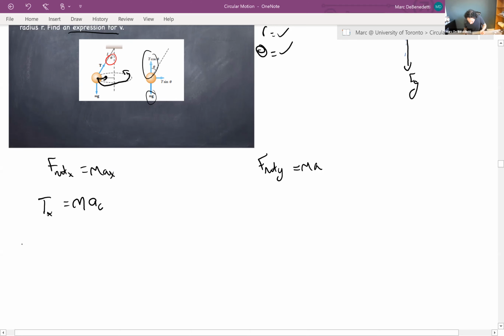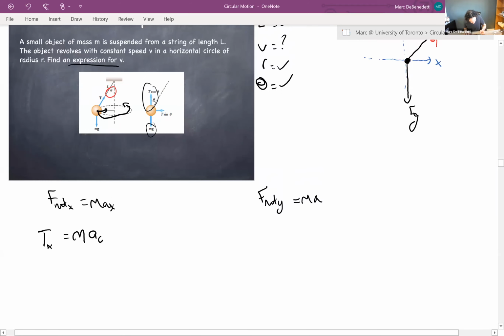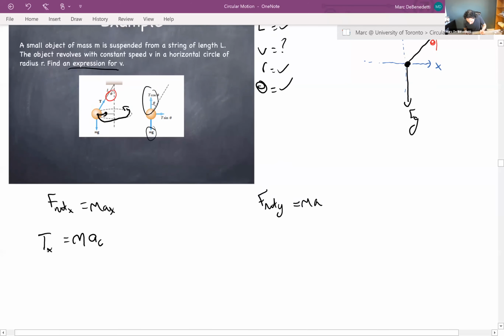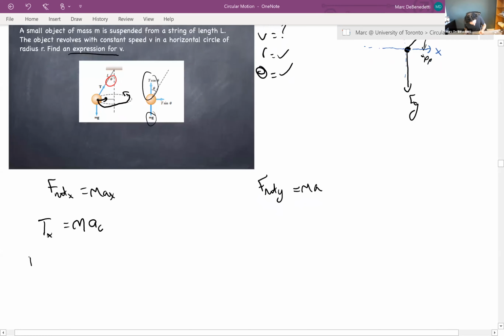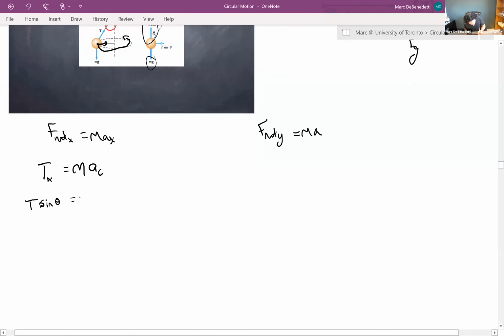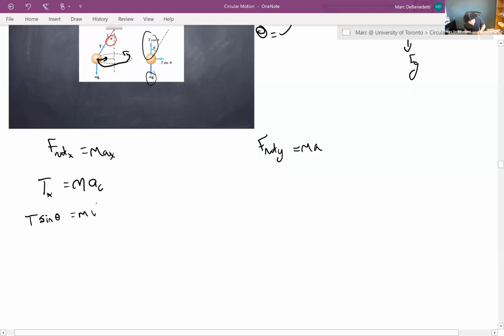Looking at my grade 9 geometry, the x direction of tension is the opposite side. So this is going to be T sine theta equals m. Do we have v? Yes, so v squared over r. I don't think there's anything further we can do with that.